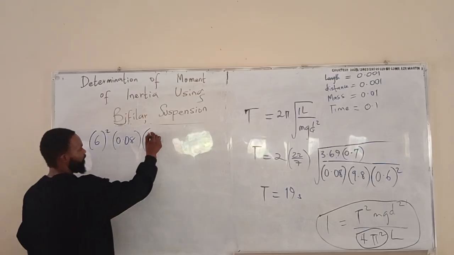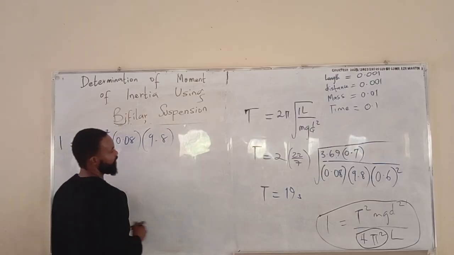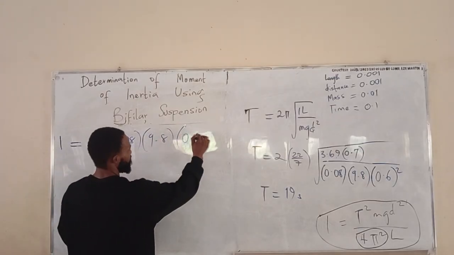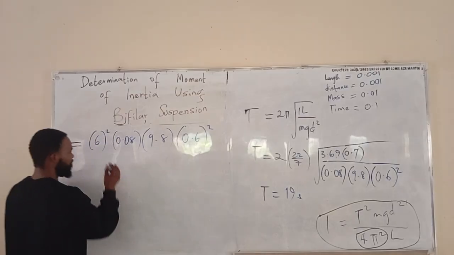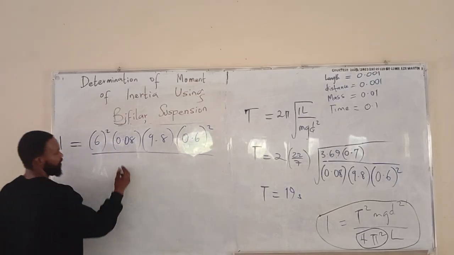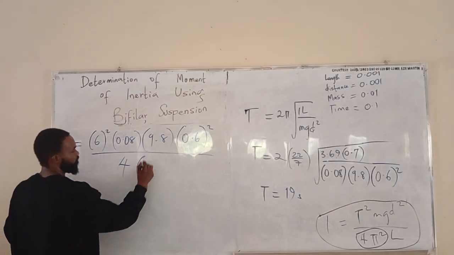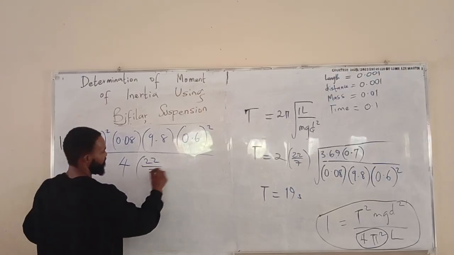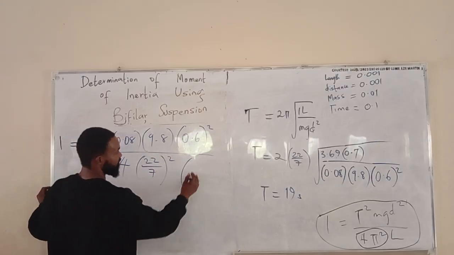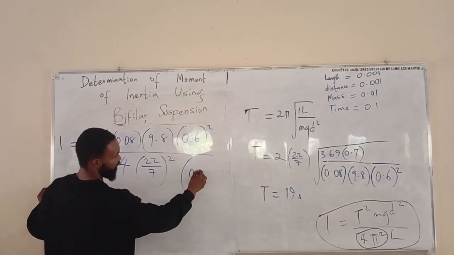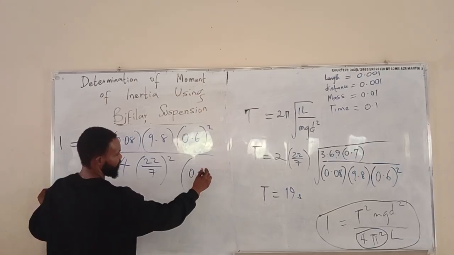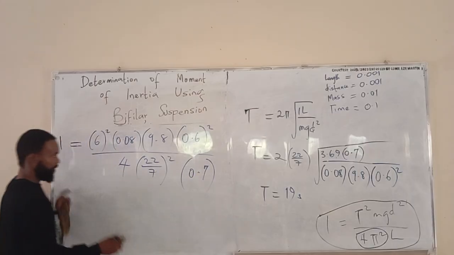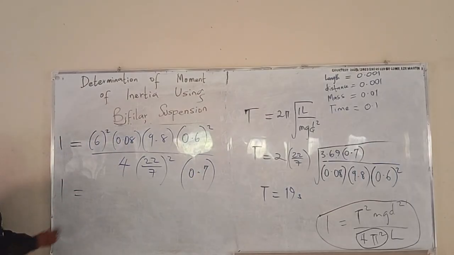Then I have g to be. Then the distance, 0.6, all squared, all over 4 times 22 over 7, all squared. Then the length, 0.8. So it's 0.7. Okay, 0.7. Oh yeah. Watch for me. What do you have?